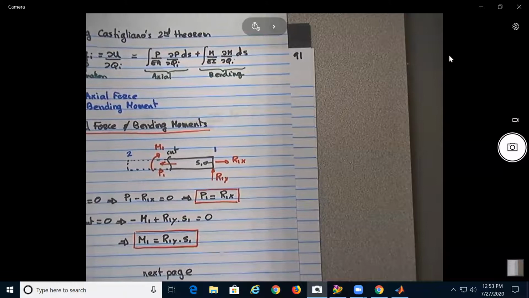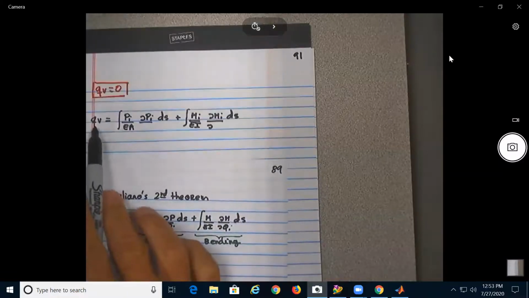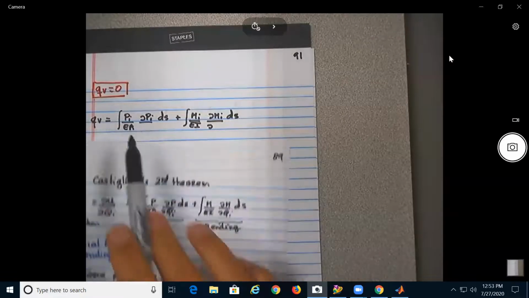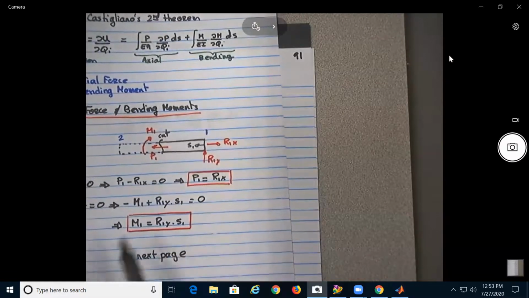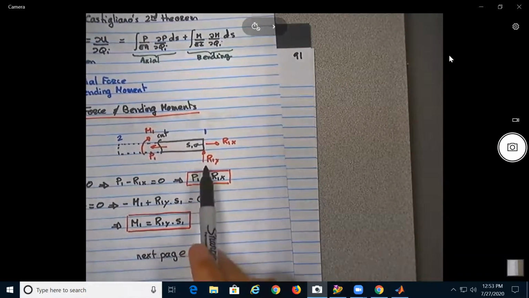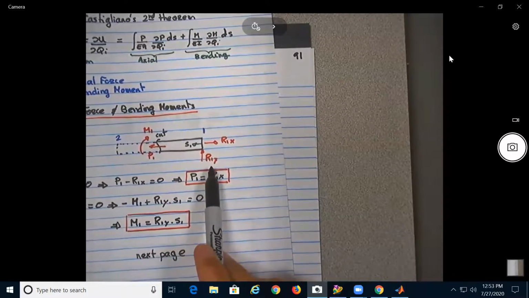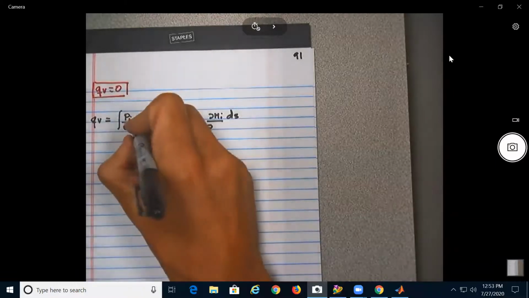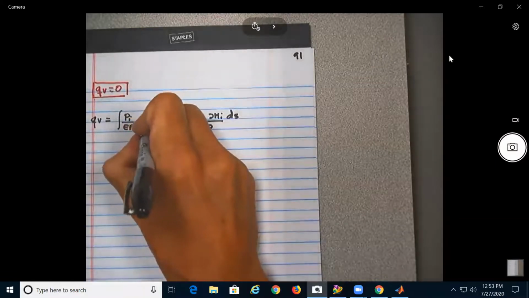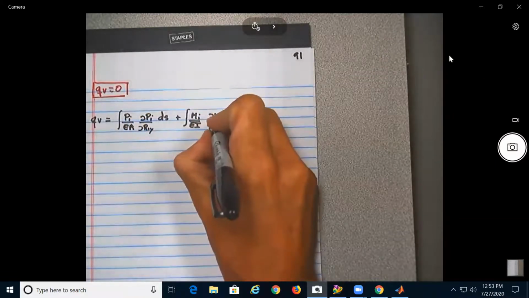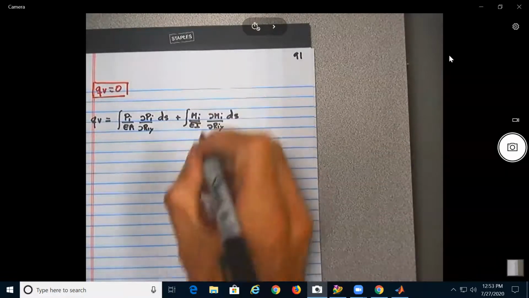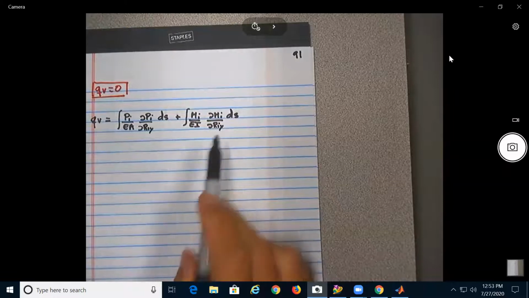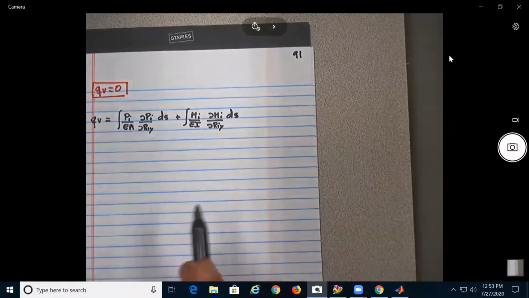Remember, when you calculate the deformation at a point, you need to find a force being applied at the same point, no? So what is the force in the vertical direction applied at point 1? Is R sub 1 y, no? So when you take the partial derivatives over here, this should be in function of partial R sub 1 y. Remember that you need a force being applied at the location of the deformation. Okay.